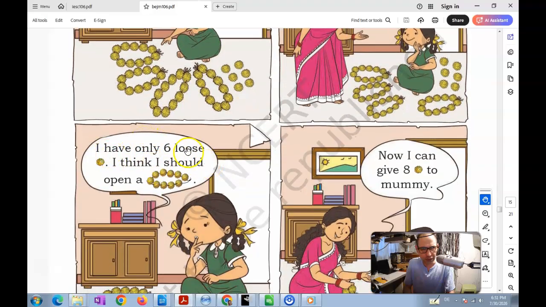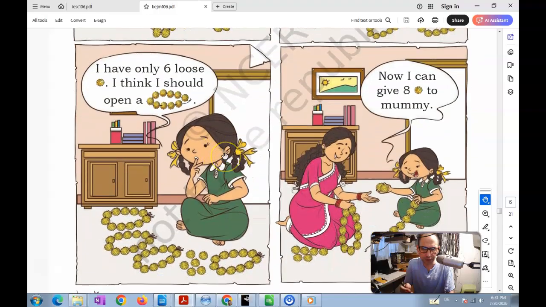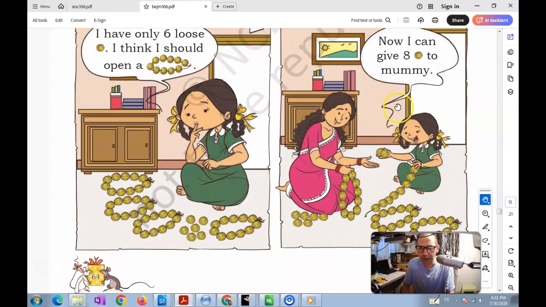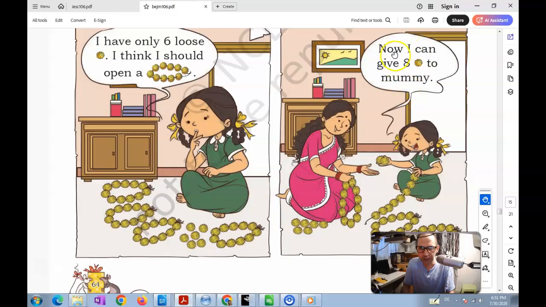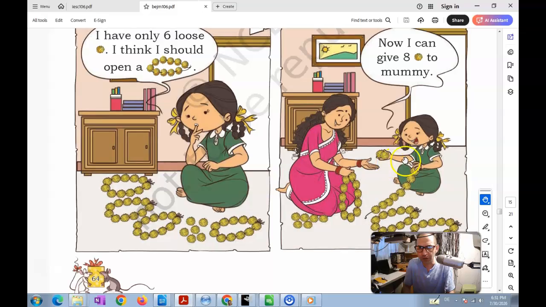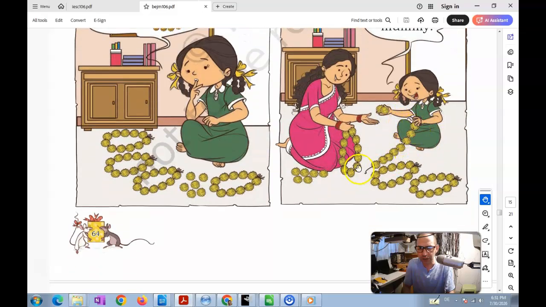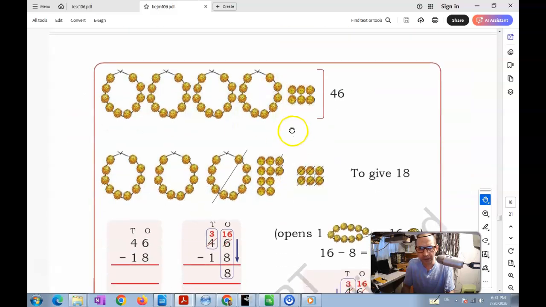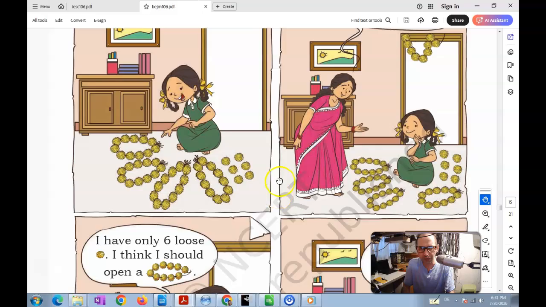So GOT says I have only 6 loose flowers. I think I should open a group of 10, right? And of course, there is no other way. And so what she does is that she says now I can give 8 to mommy. So she gets 8 out of one of these, and she gives them to her mommy, and that's what we started with.